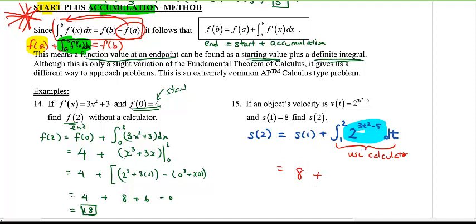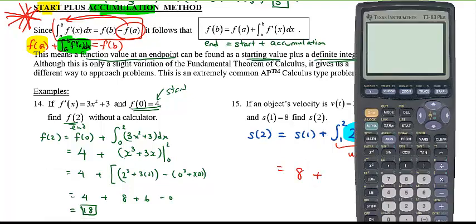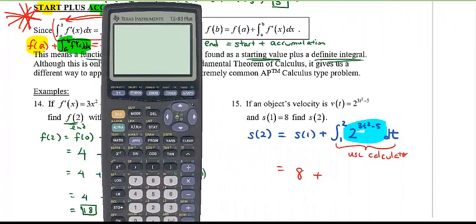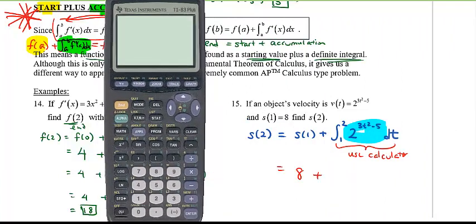Now use the calculator. Hello, calculator. We haven't seen you since the beginning of this lesson. Welcome back. I hope you had some fun being by yourself. Here we go. Math number 9. Here's the function 2 to the power of bracket 3x squared. We'll just use x, right? It says t, but we can use x. Minus 5. Close the bracket once.